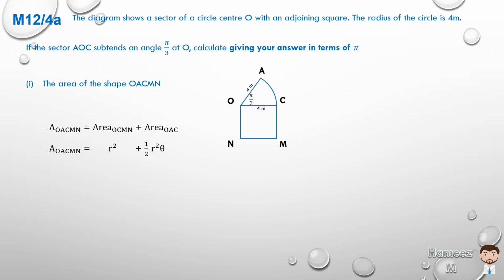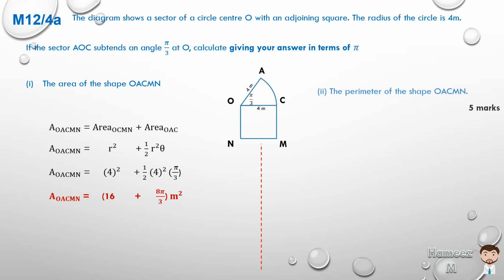So since we have a formula, we can substitute and solve. So the area of the entire shape is equal to, what is R? 4. So 4 squared plus a half times 4 squared times pi on 3. And that will give us 16 plus, 4 4s are 16, 2 into 16, 8, so plus 8 pi on 3. So the entire area is 16 plus 8 pi on 3 meters squared.